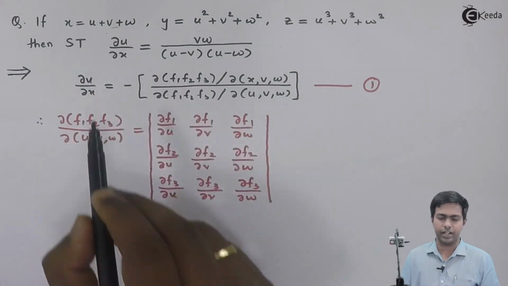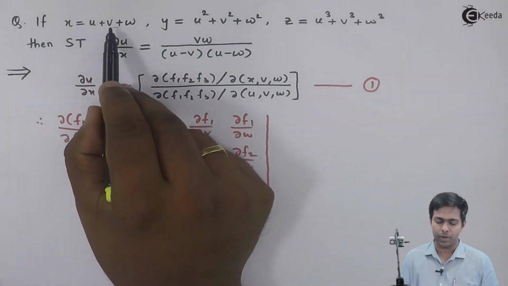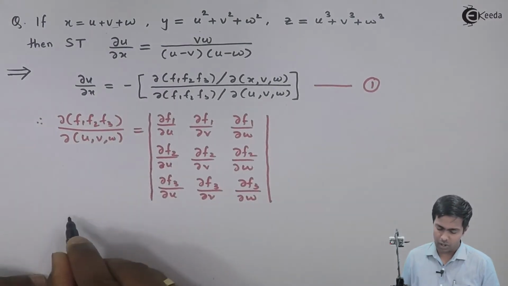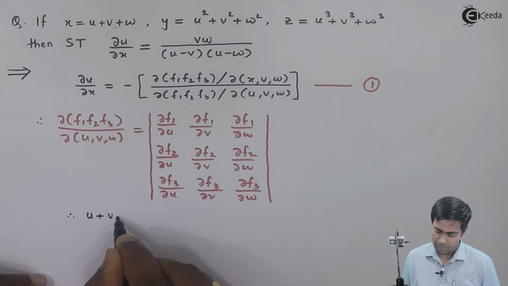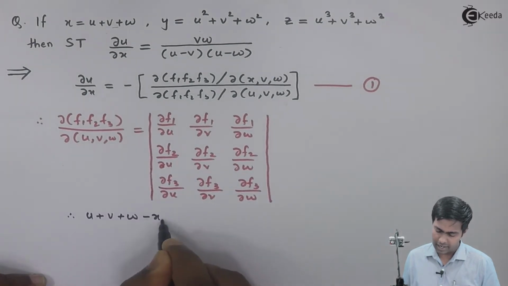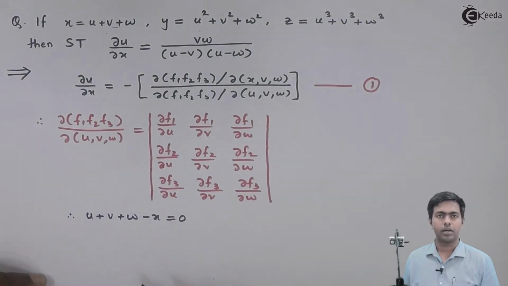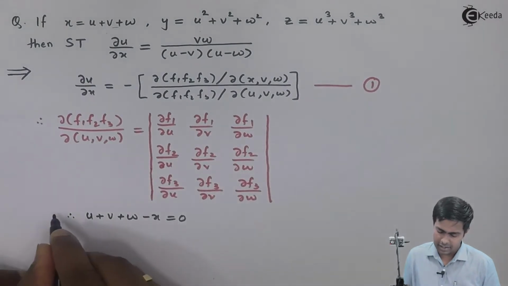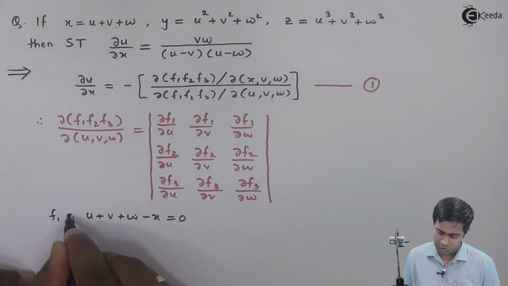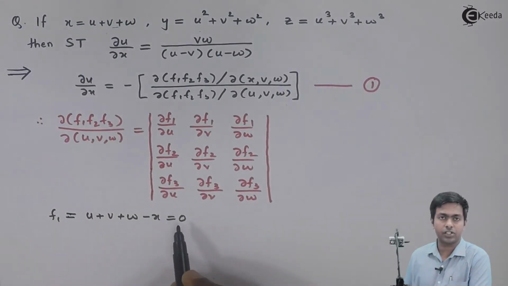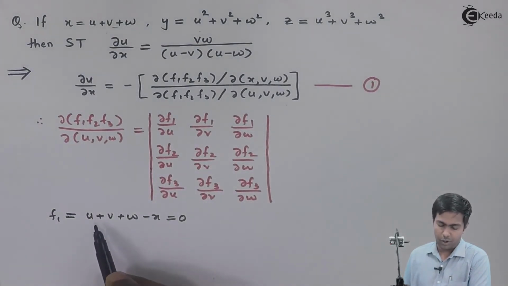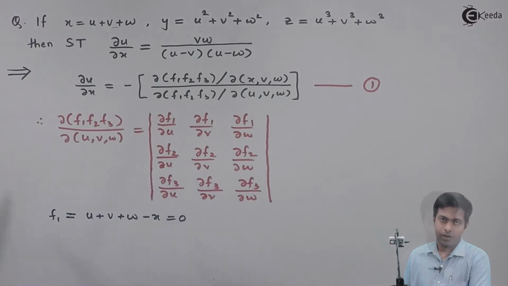Now we have the condition x equal to u plus v plus w. So I can write this as u plus v plus w minus x is equal to 0, and I can say this is my f1. So f1 is nothing but an implicit function of u, v and w.